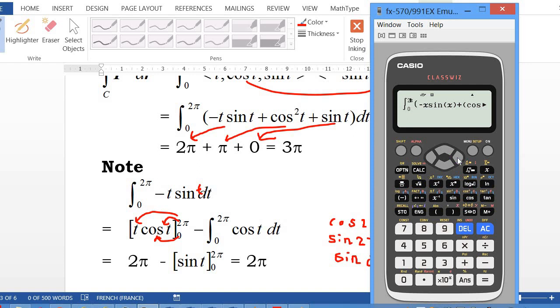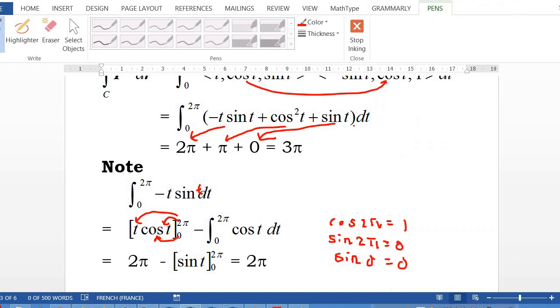Oh, missing one bracket. Once I open the bracket here, I have to close it. So the answer is 3 pi. Because just now I opened this bracket, I was missing one closing bracket here. So the answer is 3 pi.